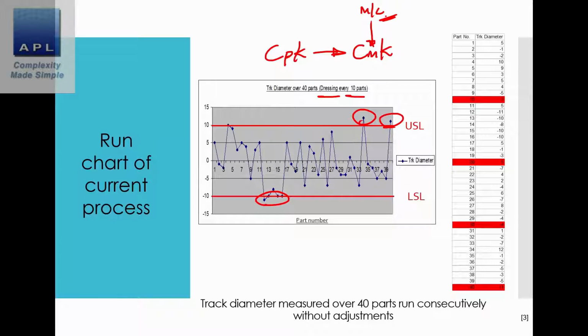So in theory this is CMK. His CPK is probably worse than this. Once the operator gets panicked by results close to the tolerance and starts adjusting the process, and other variables kick in, it'll probably be a lot worse than this. But it's 40 consecutive parts, and this is a great thing to do: 40 consecutive, hands off, except for the dressing process.